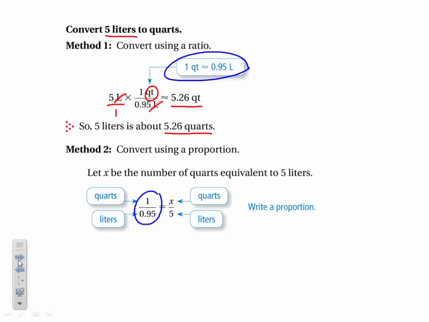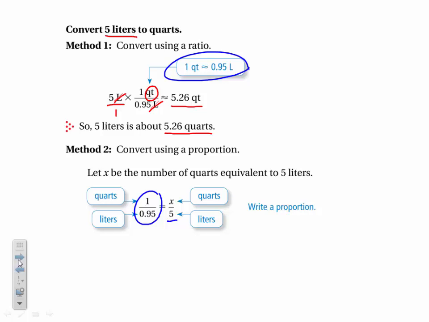This way doesn't matter as long as you're consistent with both sides, so both sides put quarts on the top and liters on the bottom. Since we already know 5 liters is what we're starting with, we put that on the bottom so that both of our liters are there. Then we don't know what our quarts is, so we put an x on the top.